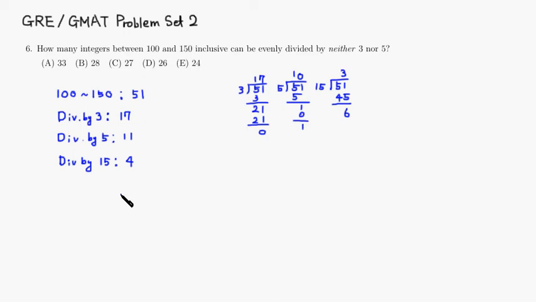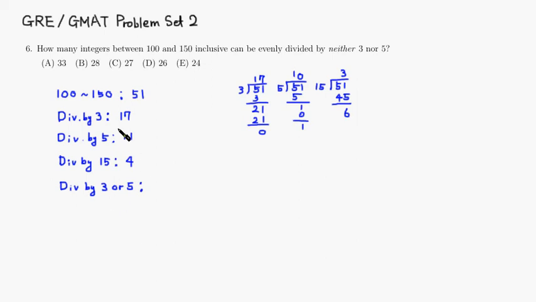How many of them are divisible by 3 or 5? This is the opposite of what we are actually trying to find.